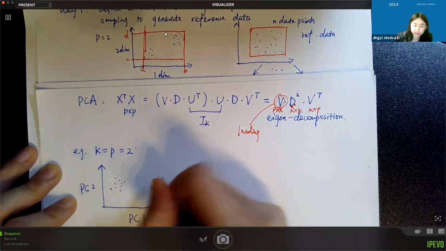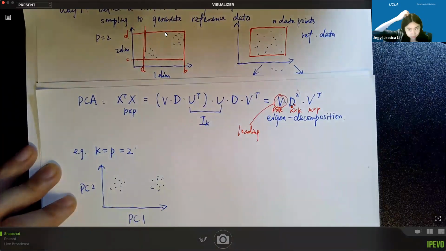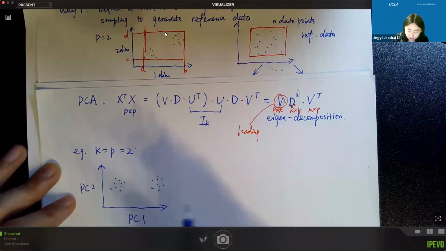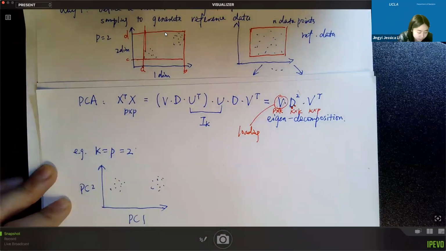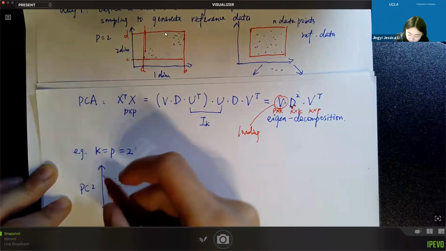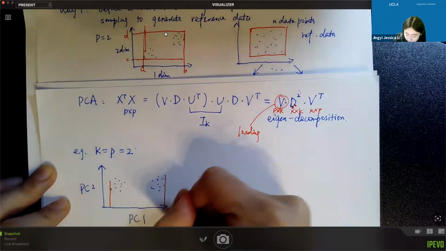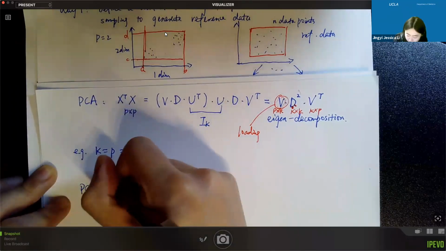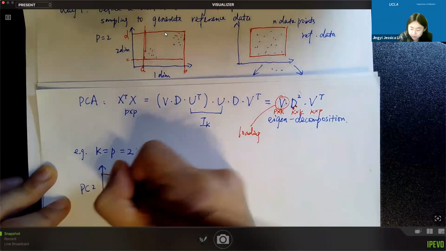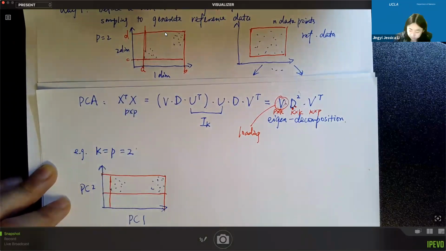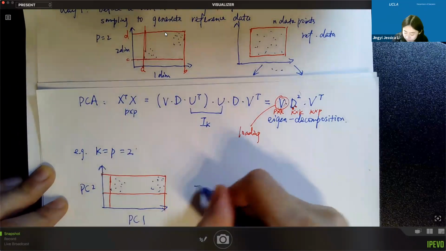So the data points would look like this after rotation. Then I'm going to define the limits in these new dimensions. I will have a limit here and a limit here. That would be my new rectangle.